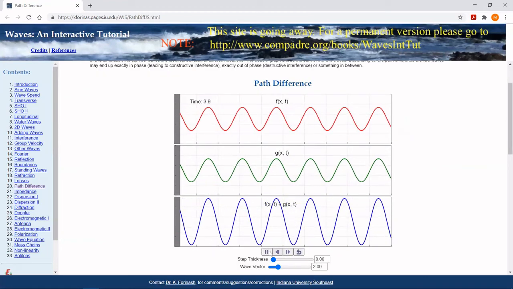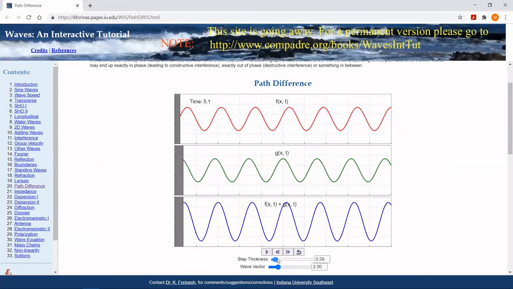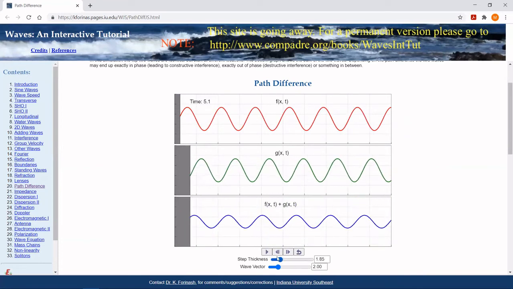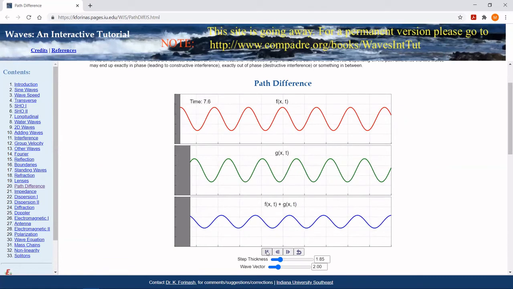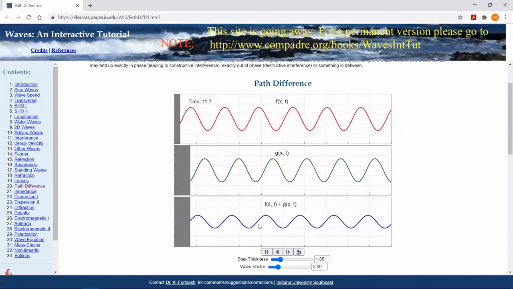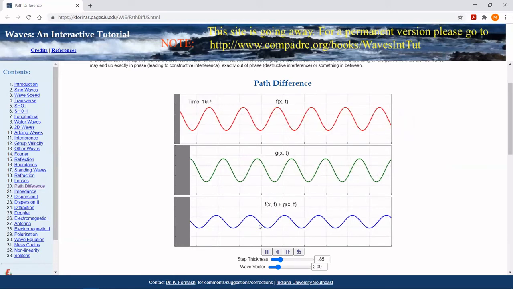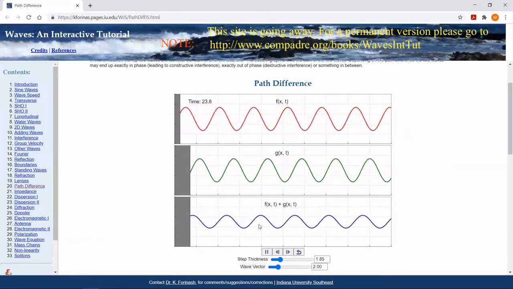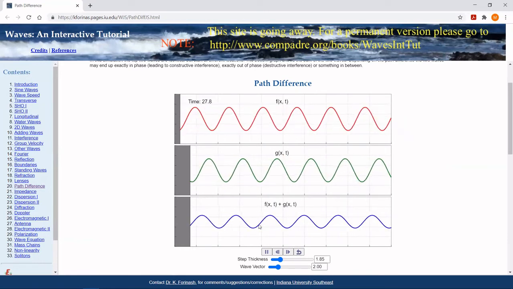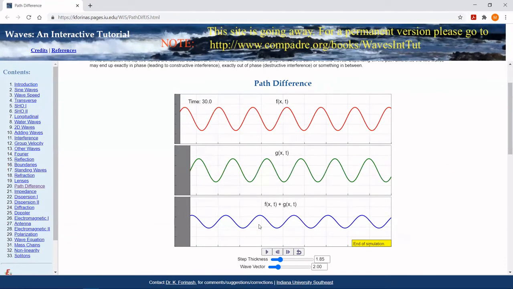Okay. If I introduce a phase difference, once I hit play, see how the amplitude of the net result, the total wave, doesn't change in time? This is the behavior that you want to be familiar with. When two waves of the same amplitude, frequency, and wavelength are traveling in the same direction in a one-dimensional situation, the total wave has the same wavelength.